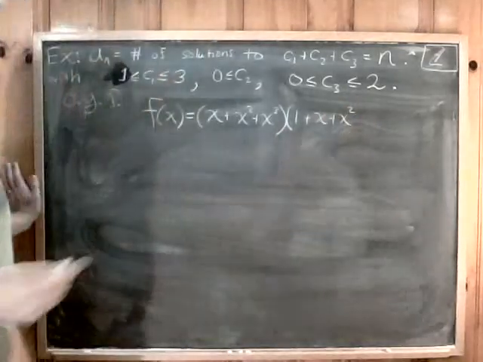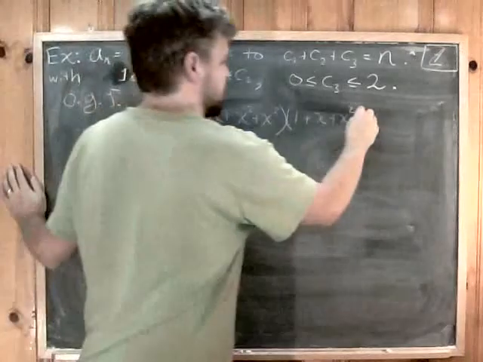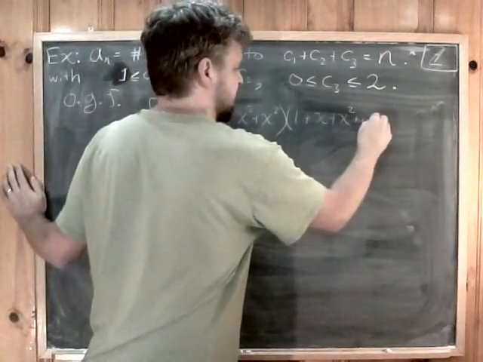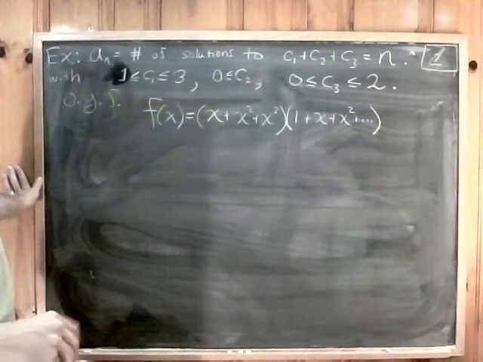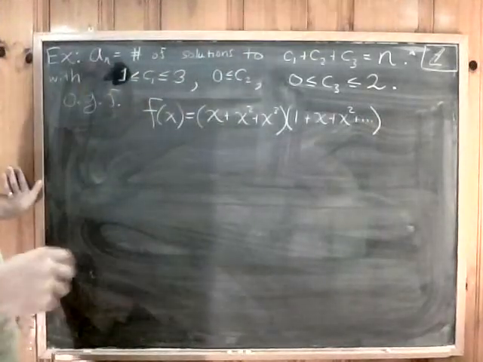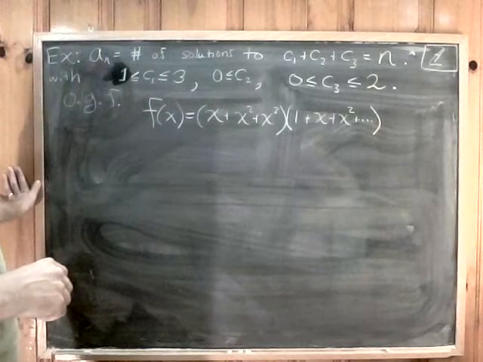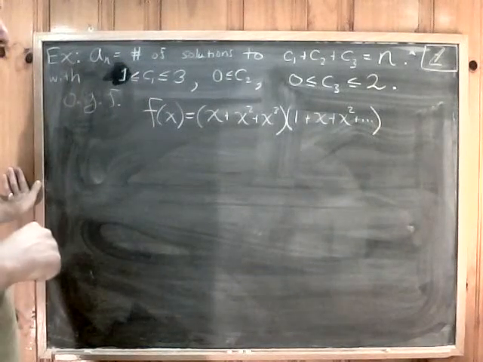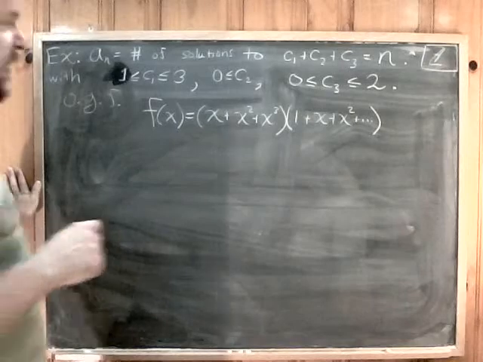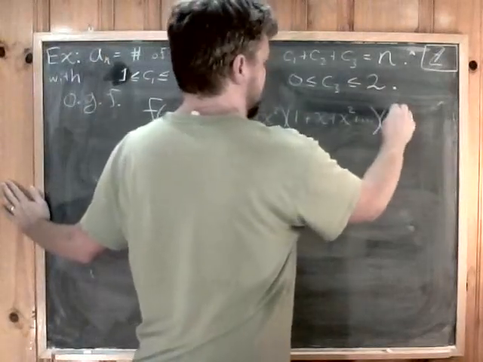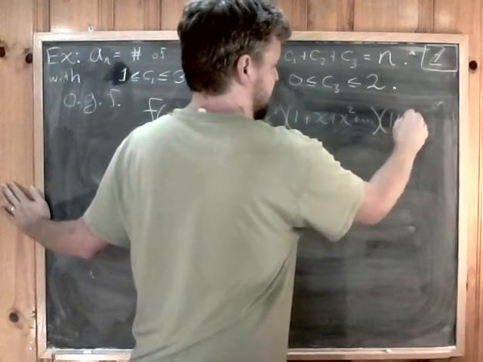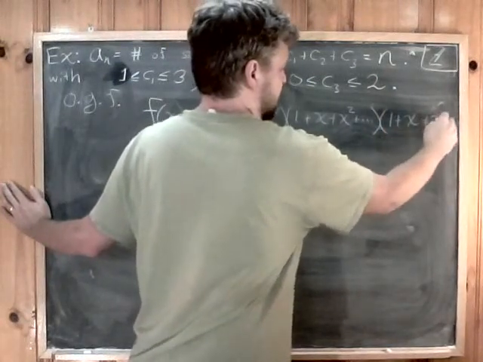And there's no upper bound, so that goes forever. You can show it with a dot, dot, dot. Of course, that's the one that's going to be replaced by its Maclaurin convergent function. Then finally for c3, that one will also be finite because it has the upper bound, so it'll be 1 plus x plus x squared.